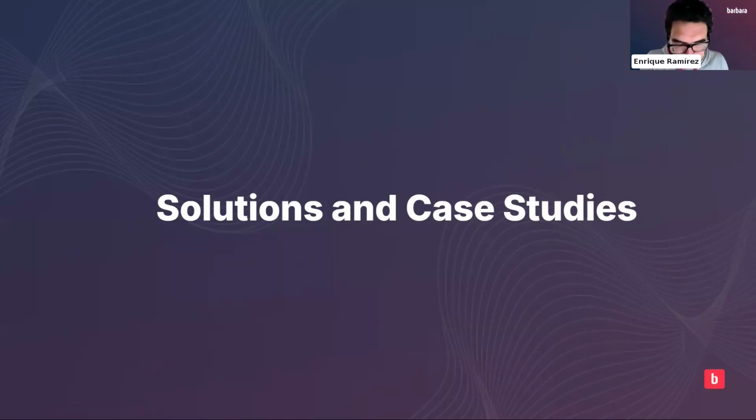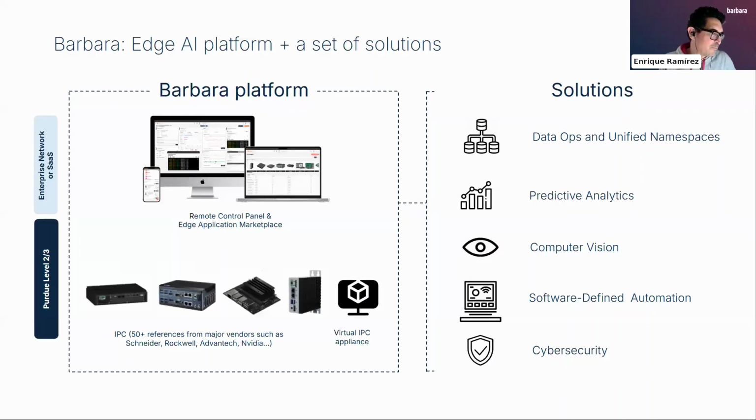Now that we know the advantage of using the HAI, now that we know how Barbara is working and how it can help us to deploy this architecture, let's see a couple of examples. I will start by showing this slide because it defines what kind of solutions we can deploy using Barbara.